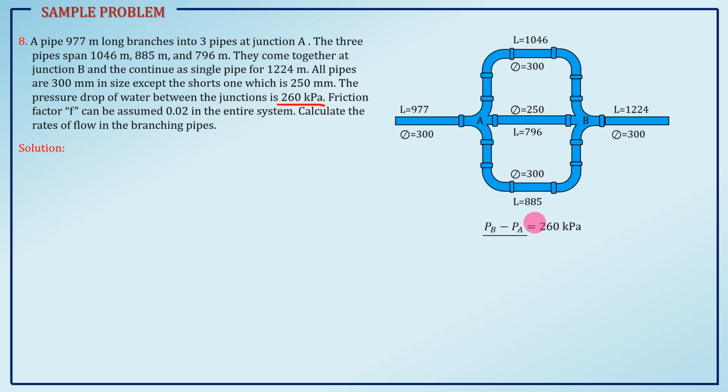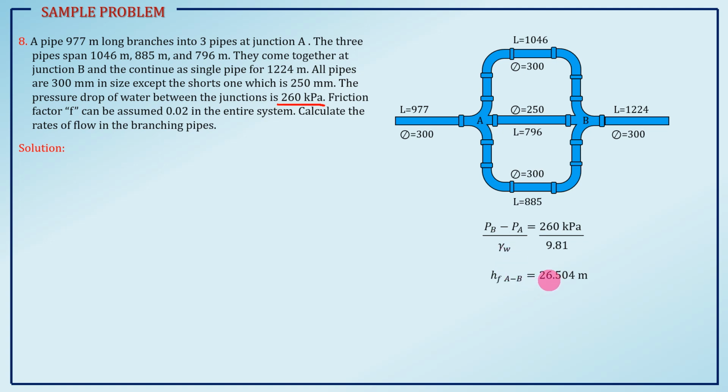If we divide this by the unit weight of the liquid flowing in our pipeline, we will have the pressure head difference at A and B. That will be your head loss at that junction.